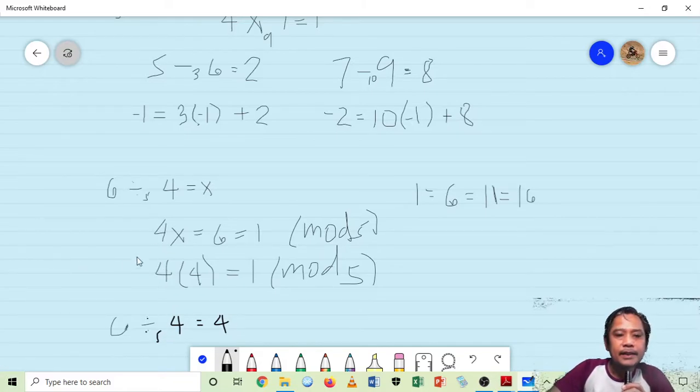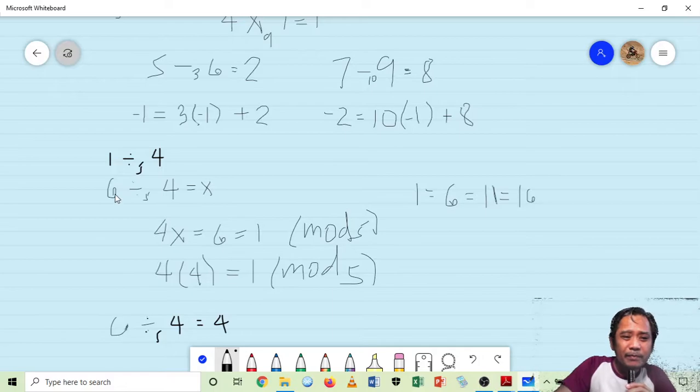See that? 6 divided by 4 in modulo 5 is the same as 1 divided by 4 in modulo 5, because 6 is the same as 1 in modulo 5, since if we divide 6 by 5, the remainder is 1.